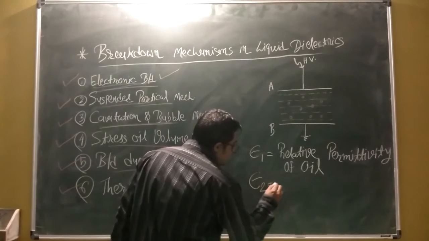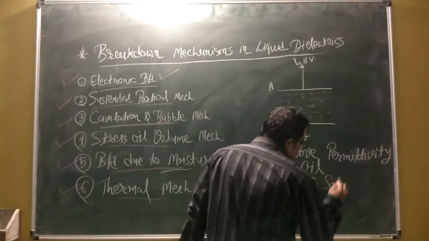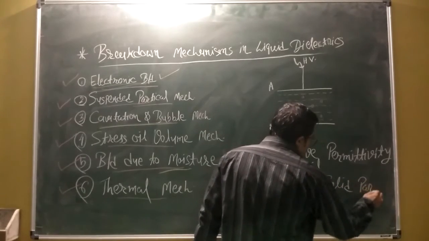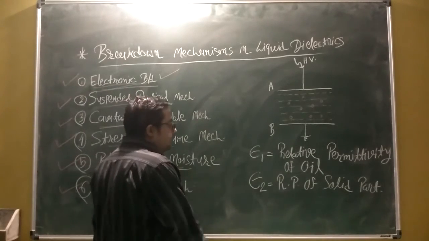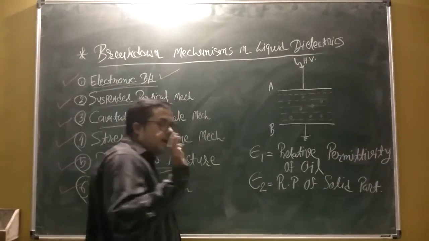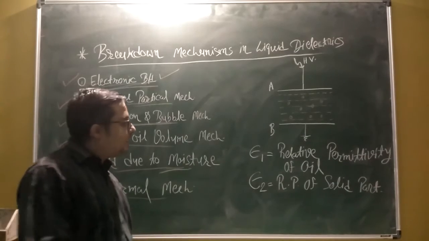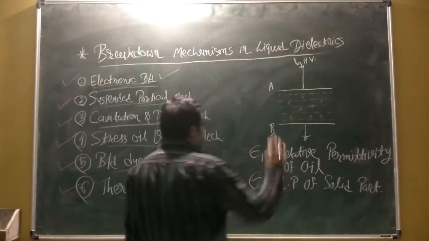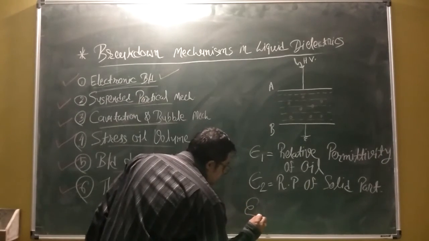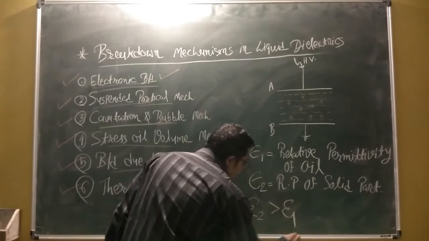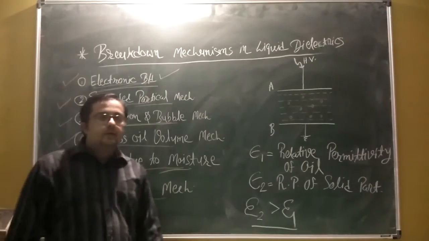Epsilon 2 is the relative permittivity of the solid particle. So when I am considering the solid particle, epsilon 2, I am only assuming the fiber type of material. It means the particles which are getting detached from the surface of this solid dielectric material have epsilon 2 always greater than epsilon 1. Okay, epsilon 2 greater than epsilon 1.